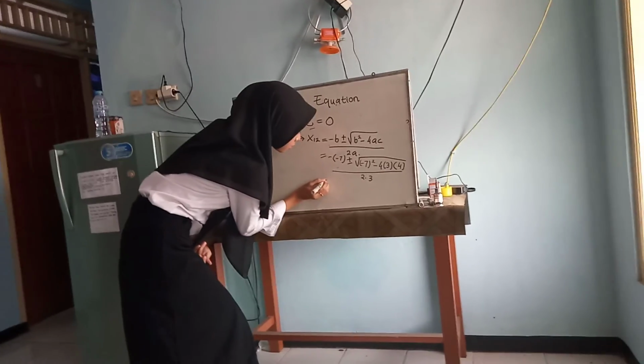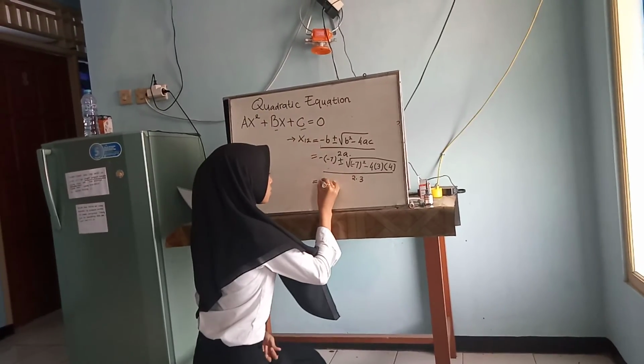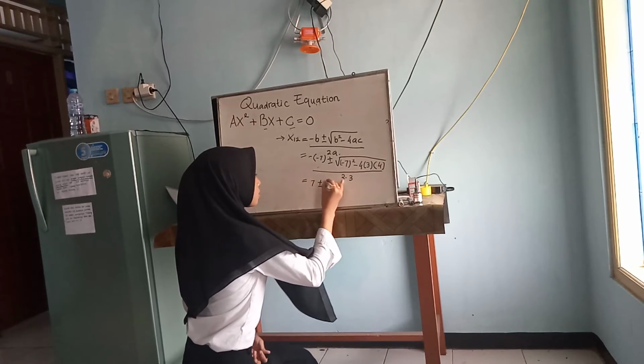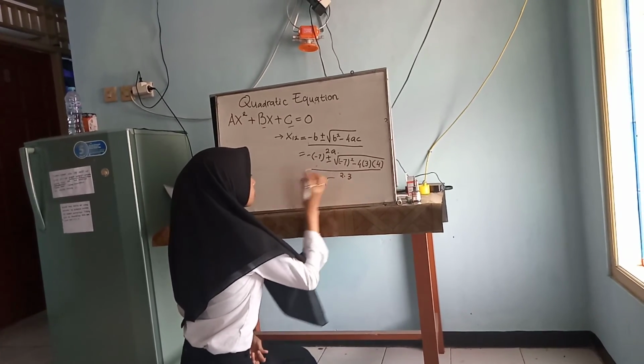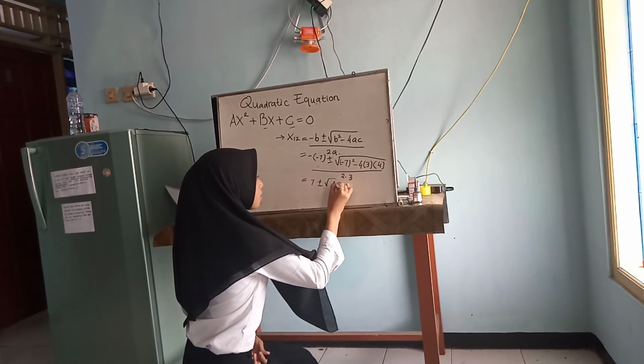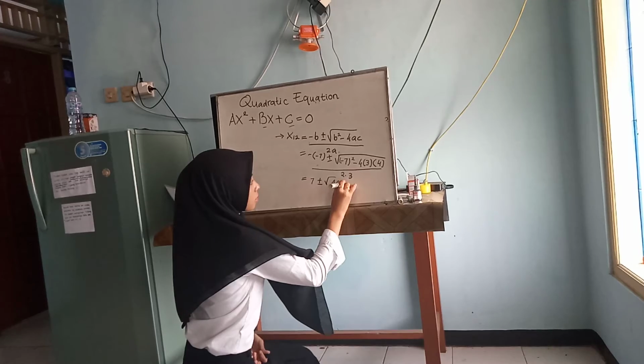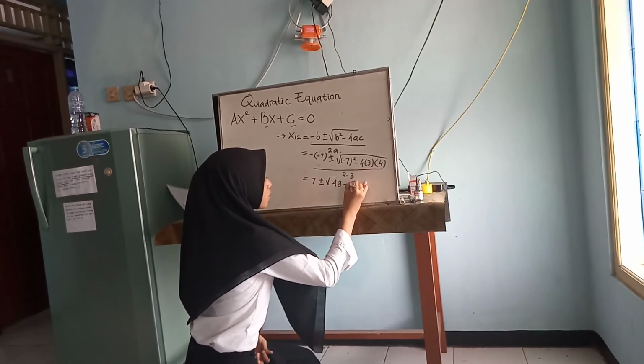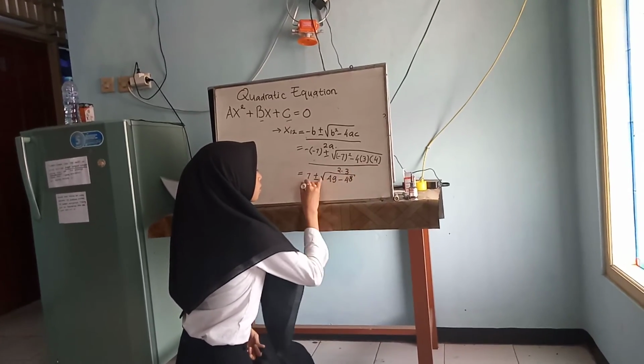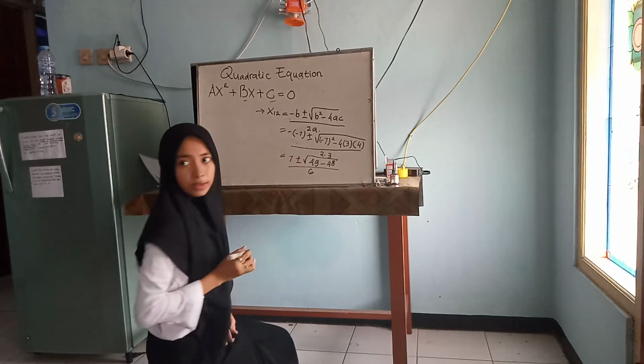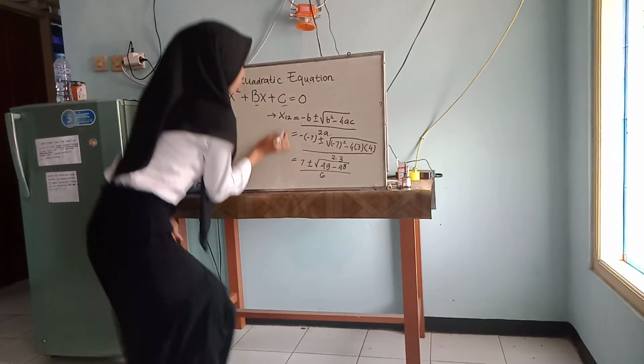So we get 7 plus or minus the square root of 49 minus 48, over 6. Right? Yes.